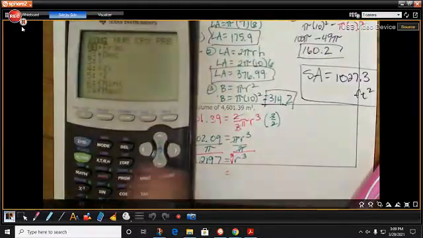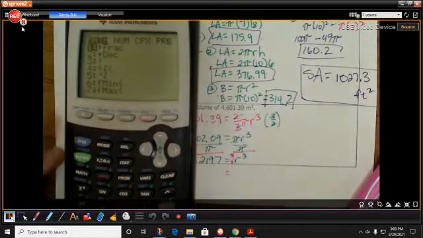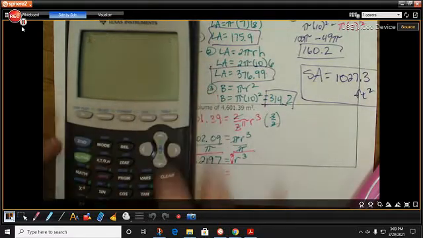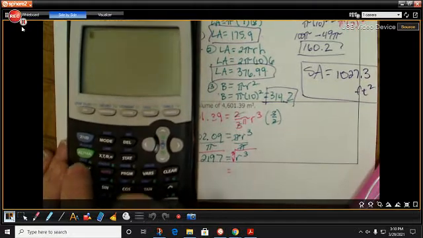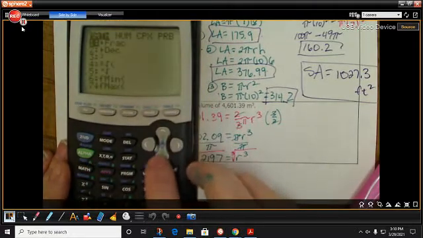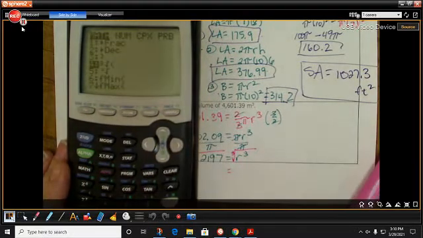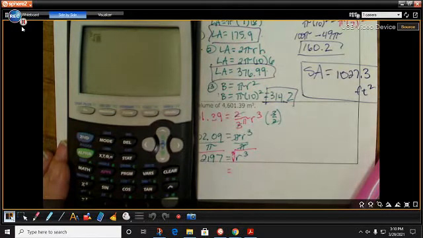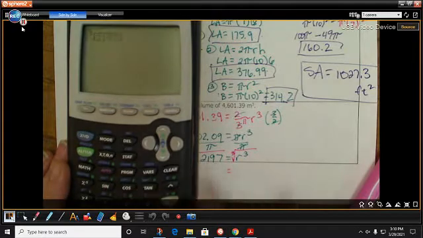It's got the little tiny 3. If you're in your TI calculator, you're going to go into your math button, and on that menu, you're going to have cube root down here. And so you'll hit that, and it's going to pull up cube root of whatever, and I want the cube root of 2197.